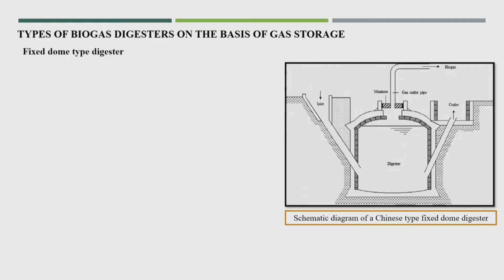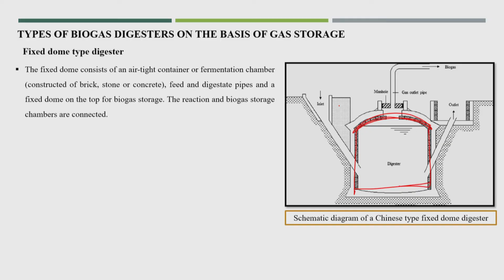The first type of reactor is the fixed dome type. This is the dome at the top, which is fixed, and this is the reactor. The fixed dome consists of an airtight container or fermentation chamber, which could be constructed from brick, stone or concrete.